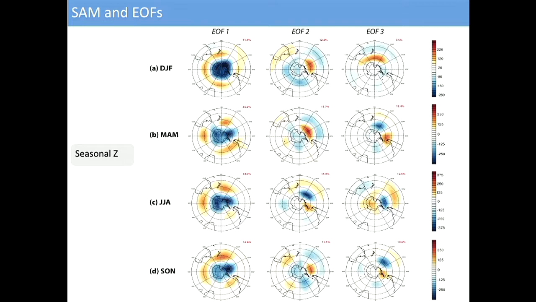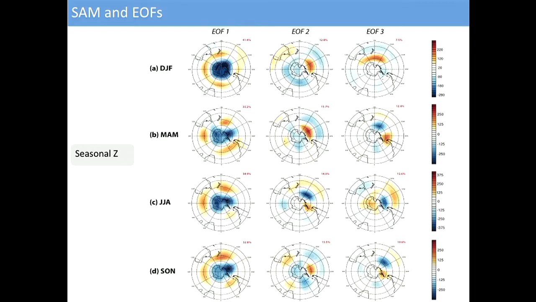It probably looks the most zonally symmetric in DJF, and in other seasons, particularly winter, there's more asymmetry in the mid-latitudes, and it looks like a zonal wave 3 pattern. If you are trying to think about the impacts of the SAM on our climate, you want to understand how much of that extratropical variability really is driven by the SAM, or whether other modes are influencing the variability as well.